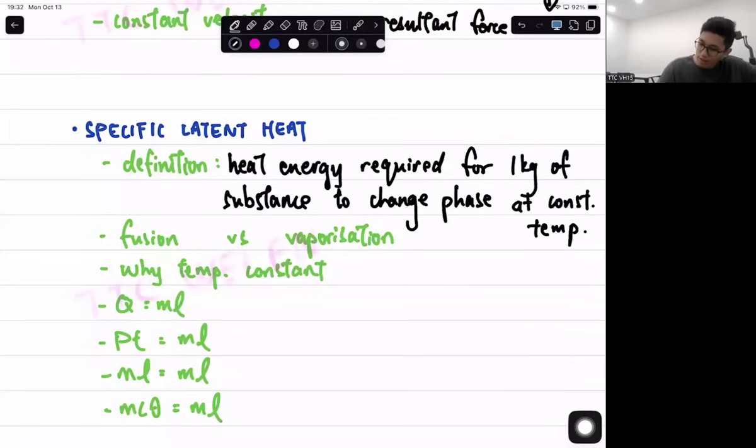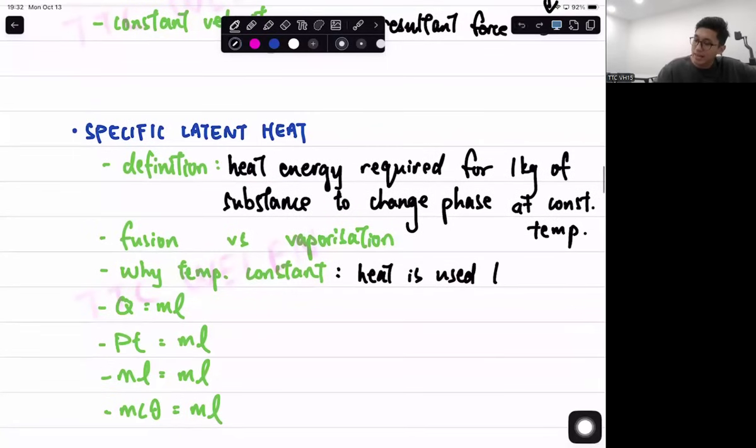Why constant temperature? Because the heat absorbed is used to, let's say you are going from solid to liquid, then you are weakening the bonds. From solid to liquid, you weaken the bonds. From liquid to gas, you are breaking the bonds. Heat is used to break the bonds.